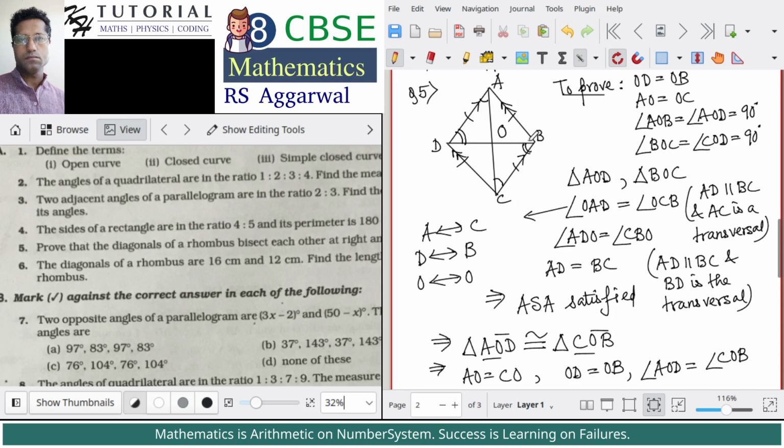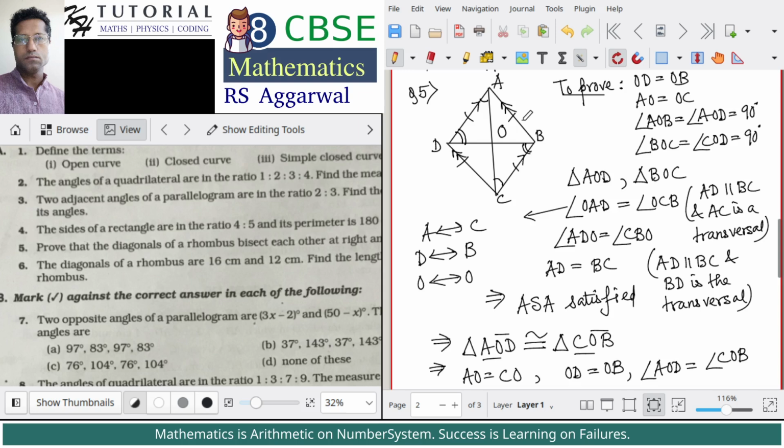Now in triangle ADB, angle ADO is equal to angle ABO. We have to prove angle AOB is equal to angle AOD.